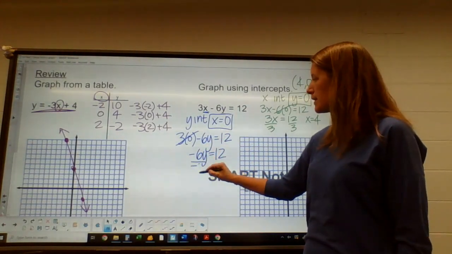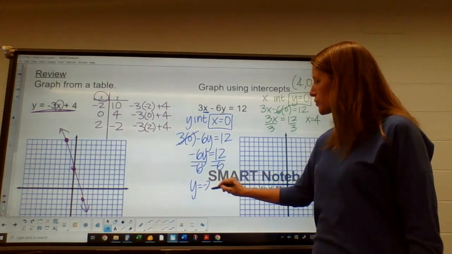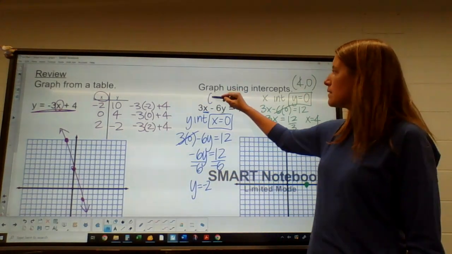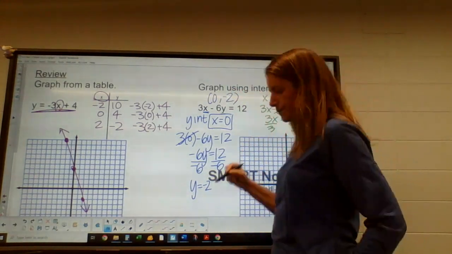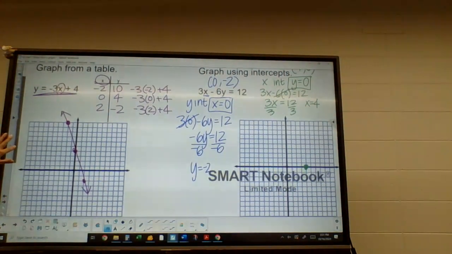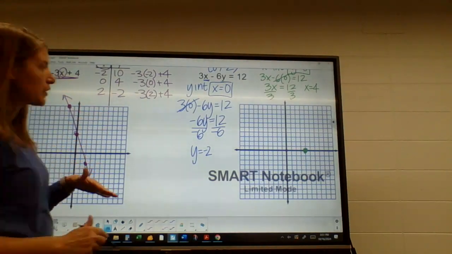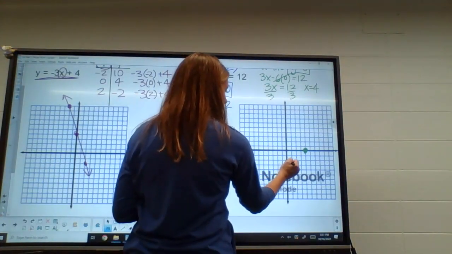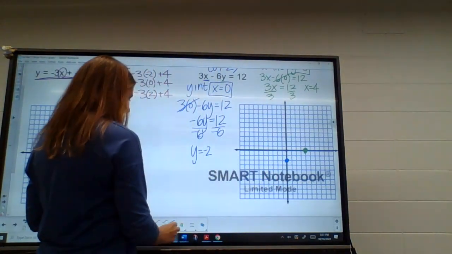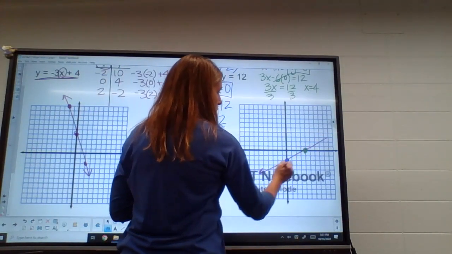So I'm going to divide by a negative 6. I'm going to find out y is negative 2. So that's going to be my next point, 0, negative 2. Now I'm going to have to adjust my graph layer a little bit. So 0, negative 2, I'm going to put here. And again, that's enough to draw our line. So through those 2 dots, I'm going to draw our line.